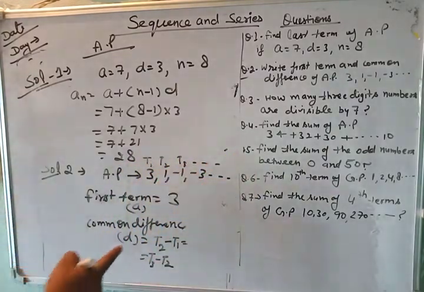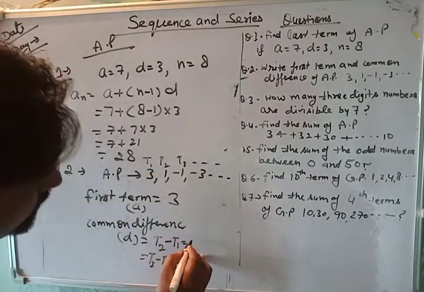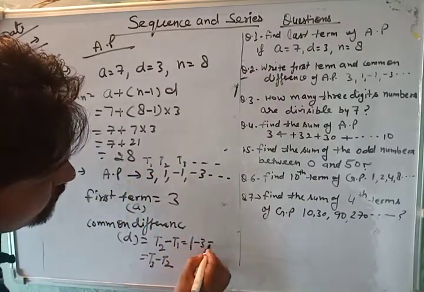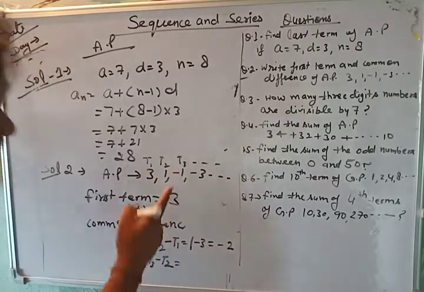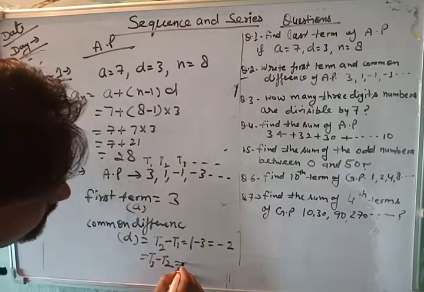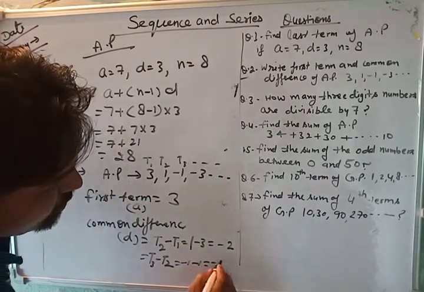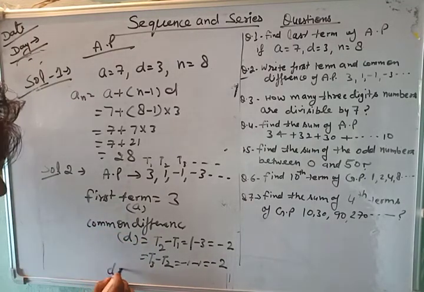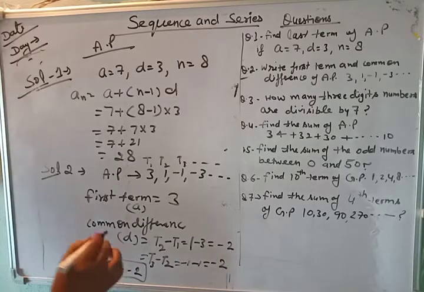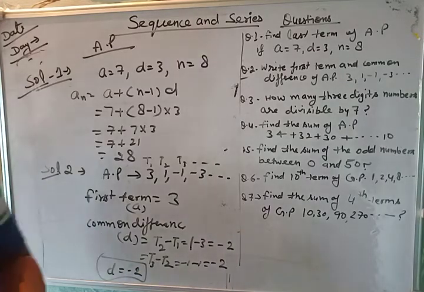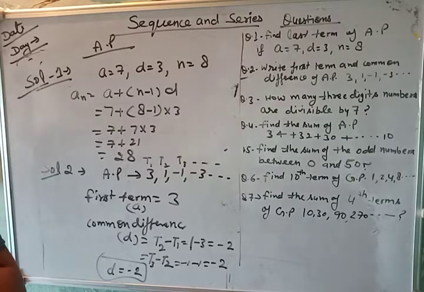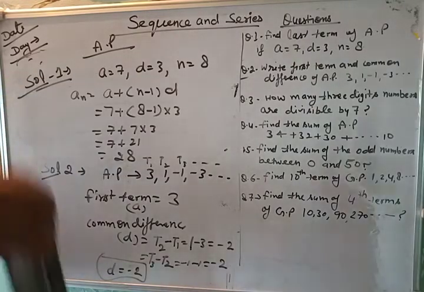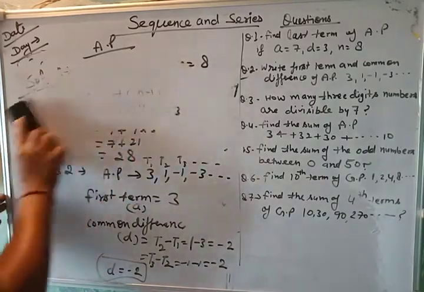So T2 minus T1: 1 minus 3 equal to minus 2. Second, T3 minus T2: minus 1 minus 1 equal to minus 2. It means the common difference d is equal to minus 2. Then we have solved two questions of this arithmetic progression series.